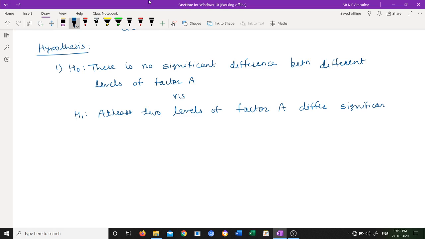On similar lines, the second hypothesis will be H naught dash.